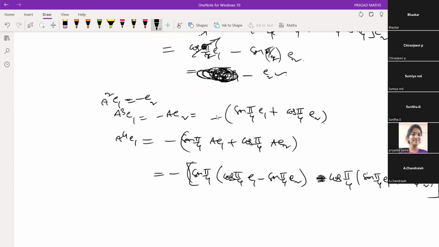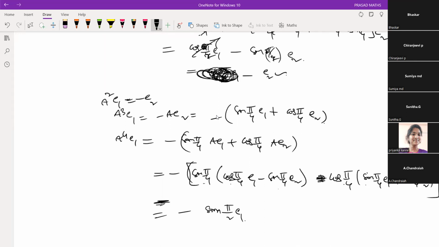So here minus cos pi by 4 is cos pi by 4, because sin pi by 4 cos pi by 4, cos pi by 4 sin pi by 4, therefore it is sin of A plus B. This is pi by 2 e1.